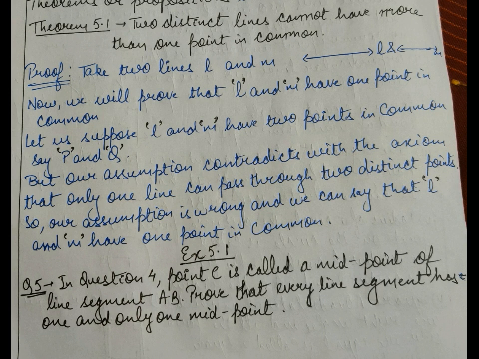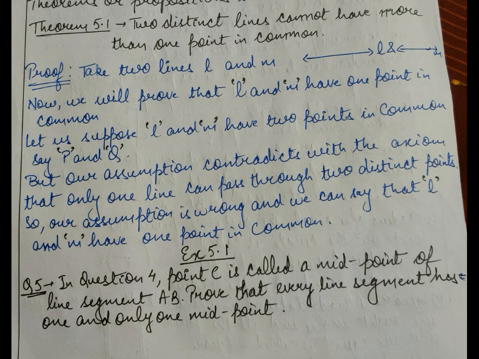We'll be doing it by the contradiction method, so that's why I'm supposing it oppositely, that is, L and M have 2 points in common, and name them P and Q. But our assumption contradicts the axiom that only one line can pass through two distinct points.